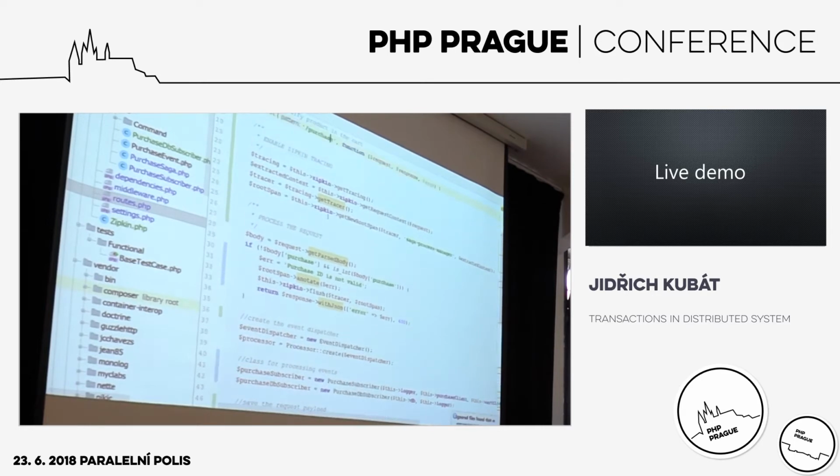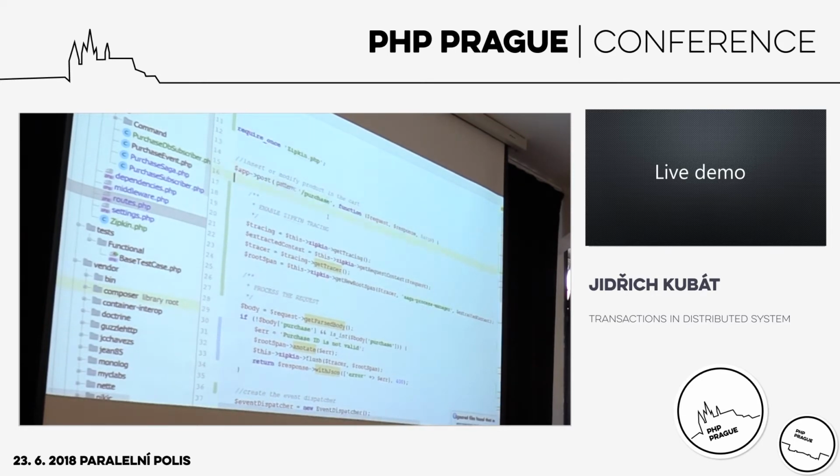I've been using some micro framework based on Symfony, so it's pretty easy. This is the route that handles a purchase request for the client. First, I have some tracing, which is pretty useful for developers to have.